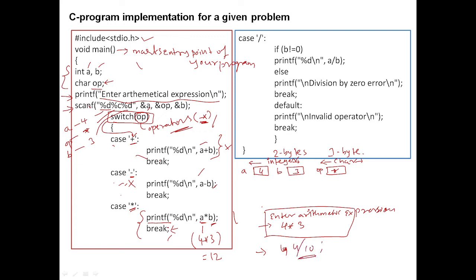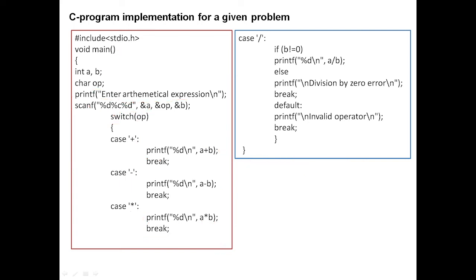Let us consider this expression. So 4 divided by 10 is our expression. 4 will be stored in A, and 10 will be stored in B.